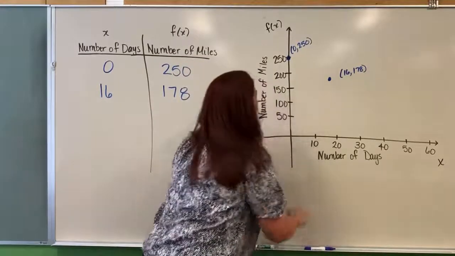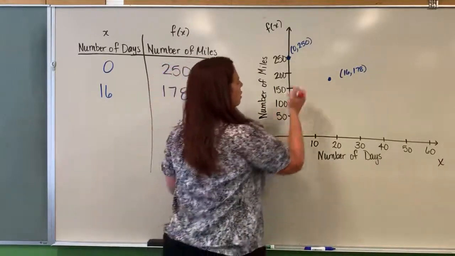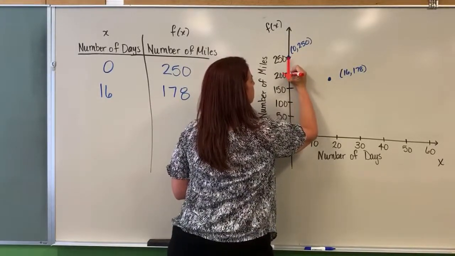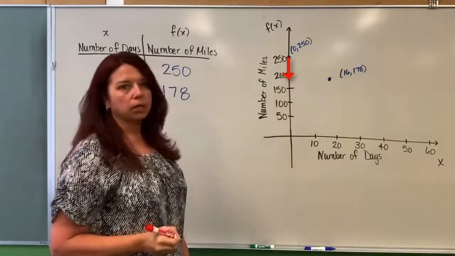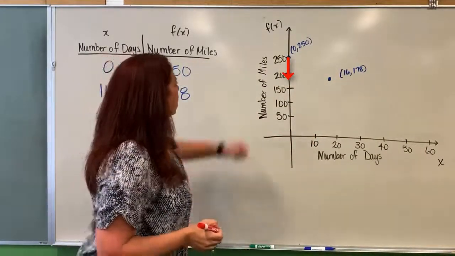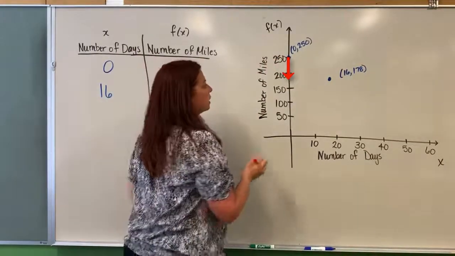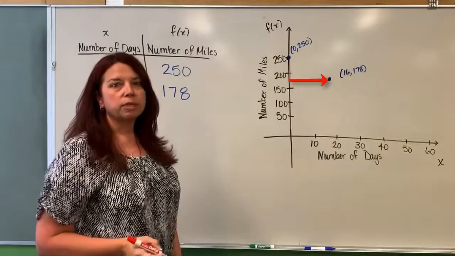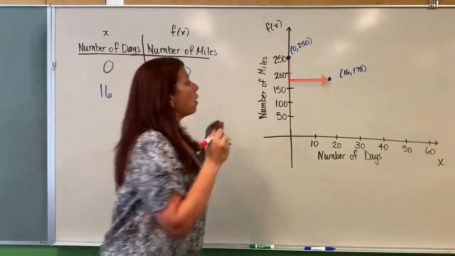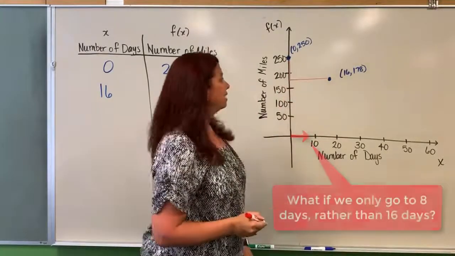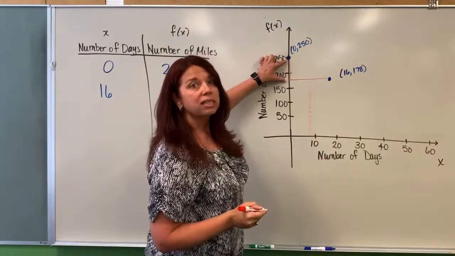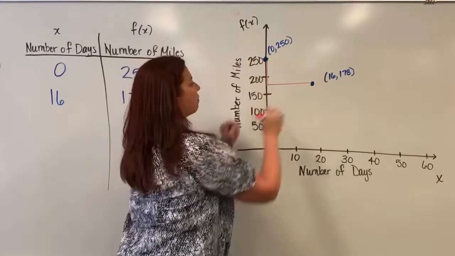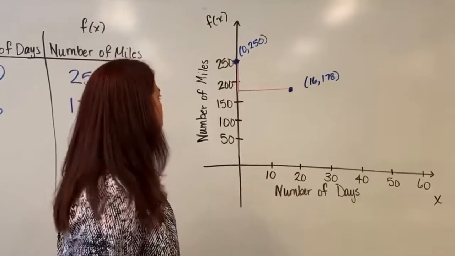Before I actually graph that, I want to talk about this. When I started for my initial drain, I had some amount of decrease in the miles in the Model 3. I started at 250, but I ended at 178. And I have an amount of change in number of days going from 0 to 16 days. But if I go halfway in that amount, 8 days, then I don't have the same amount of decrease. I have half the amount of decrease in the miles when I have half the amount of progression in the number of days.